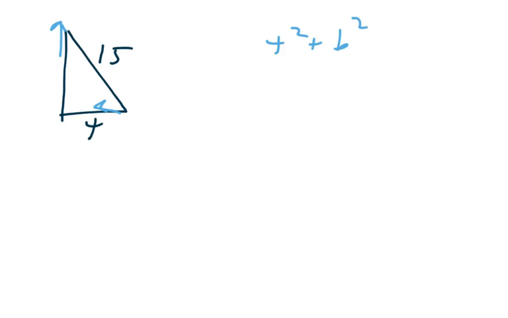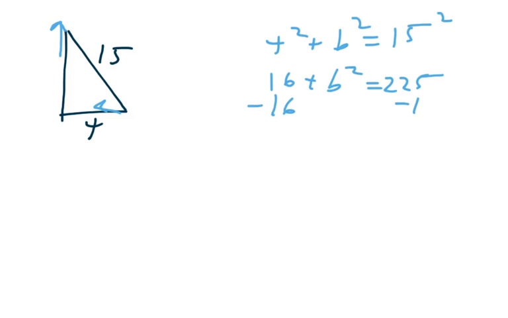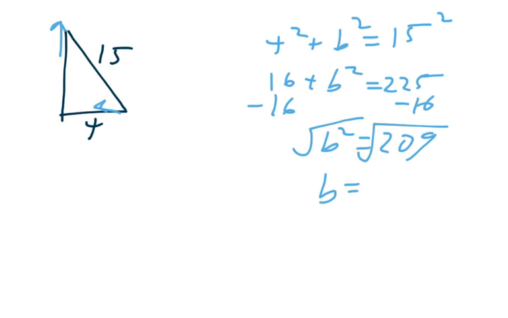So 4 squared plus b squared equals 15 squared. So we got 16 plus b squared equals 225. Subtract the 16. B squared is equal to 209. Square root. So b turned out to be about 14.5 right now.